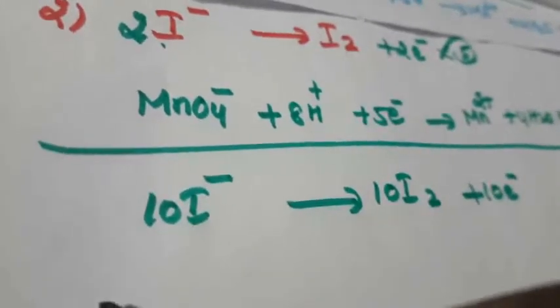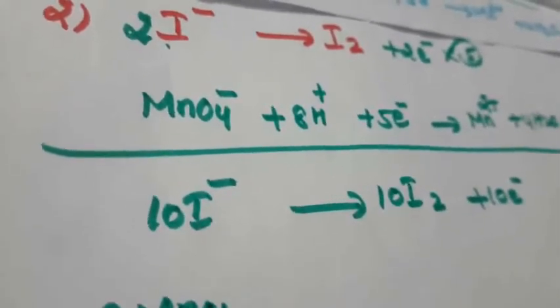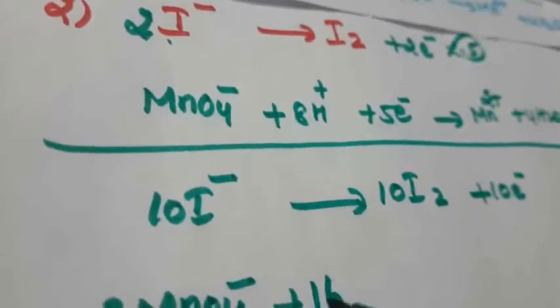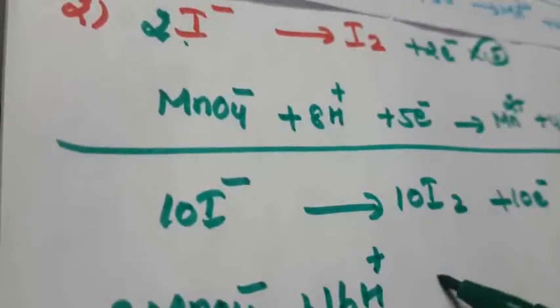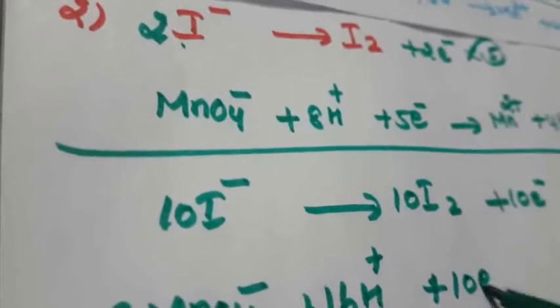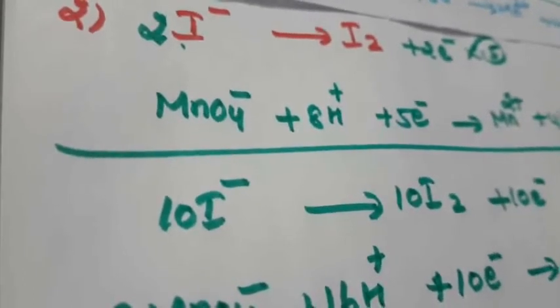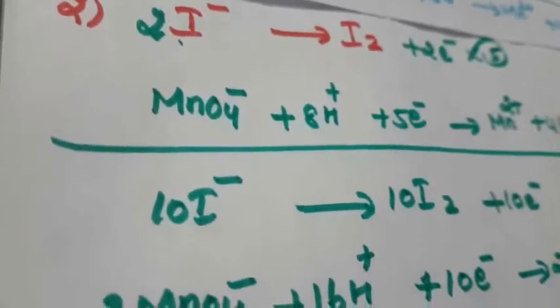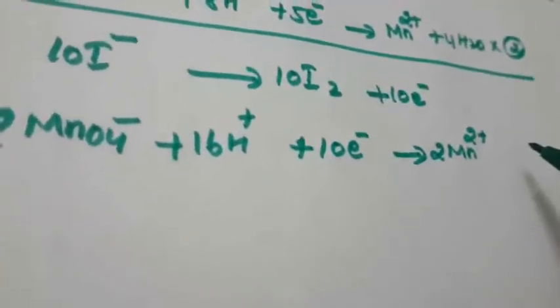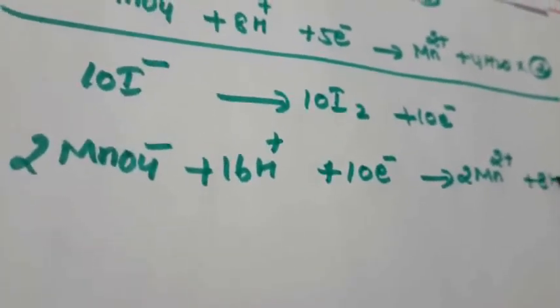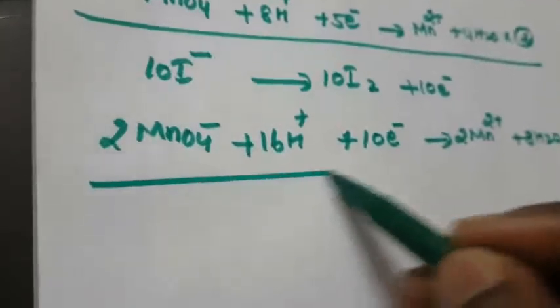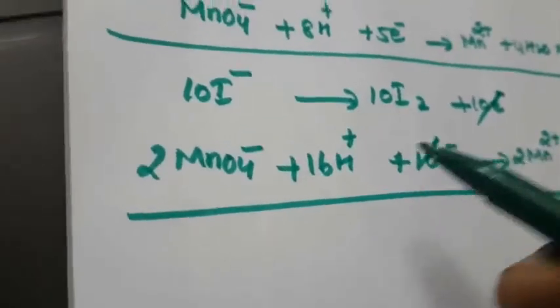Multiplied by 2 means 2 MnO4- + 16H+ + 10 electrons gives 2 Mn2+ + 8H2O. We are adding these and cancelling the electrons.